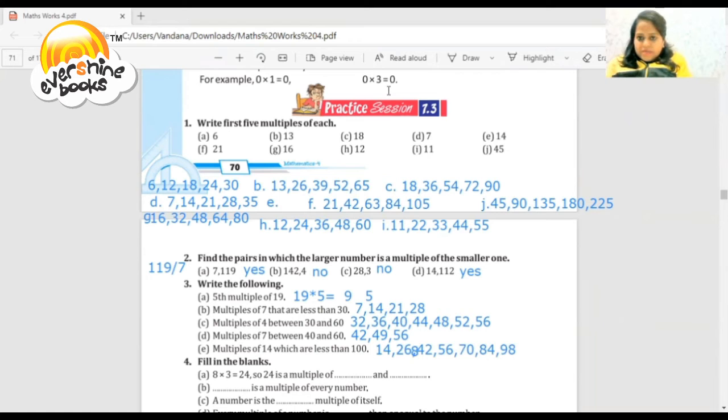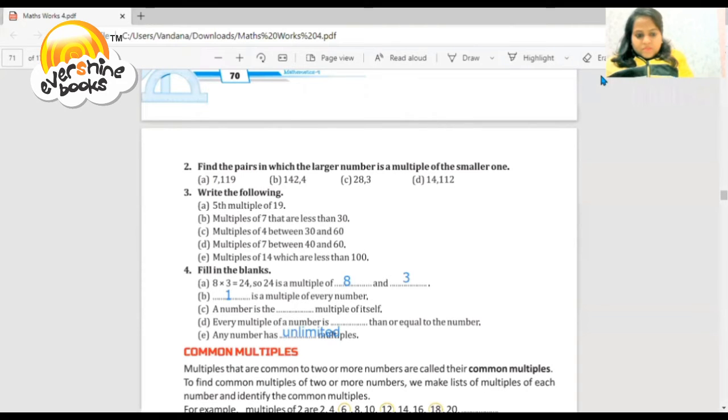Okay, got it? Yes. Students, fill in the blanks. 8 multiplied by 3 is 24. 24 is a multiple of 8 and 3. Now 1 is a multiple of every number. So 1 is a multiple of every number. A number is a multiple of itself. It is the correct answer.